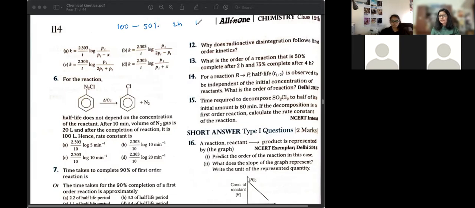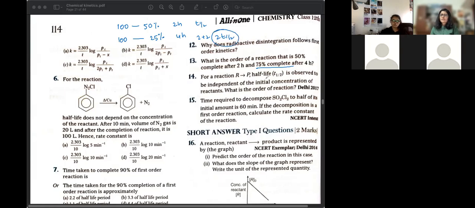So this is straightforward T half. Now, from 100 to 75, it's taking 4 hours, which does not make sense. 75% complete means it is reduced to 25%. Ah, okay. So now just 25% of the reactant remains. So basically it's 2 plus 2, right? It took 2 plus 2.